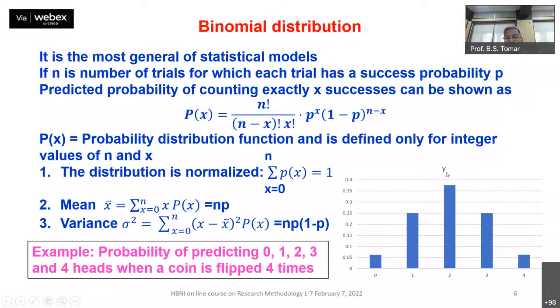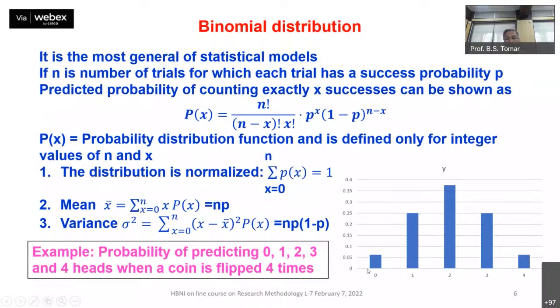I have given an example of a binomial distribution when you flip a coin 4 times. When you flip a coin 4 times, the outcomes could be so many heads: you may have no head, 1 head, 2 heads, 3 heads, and 4 heads.